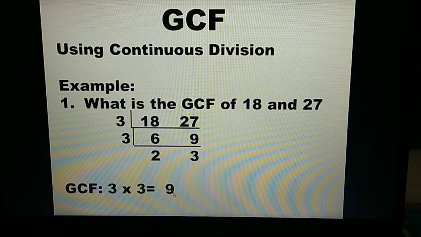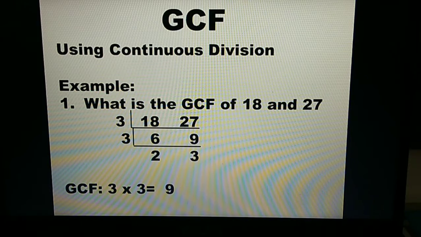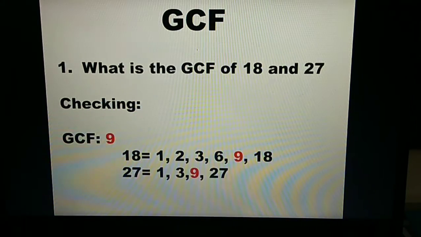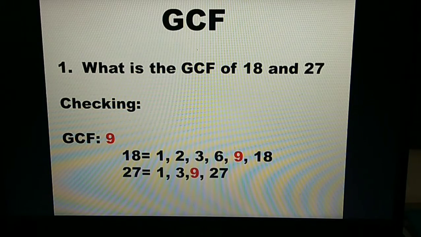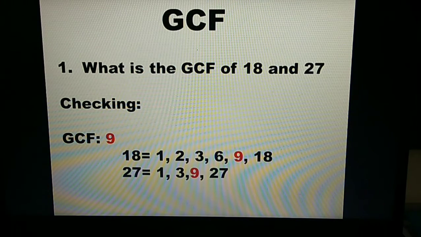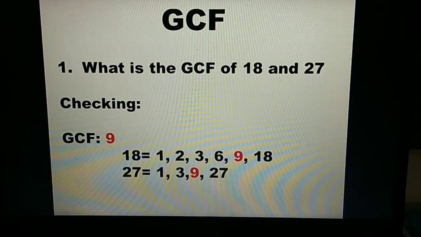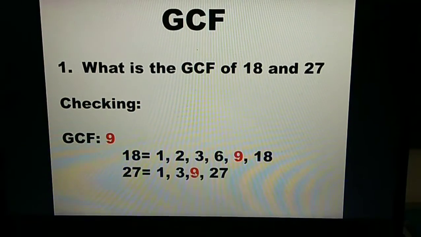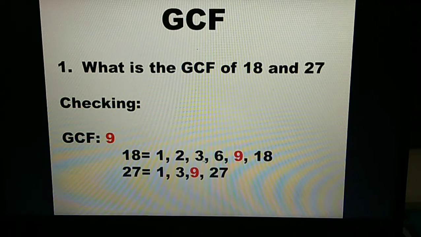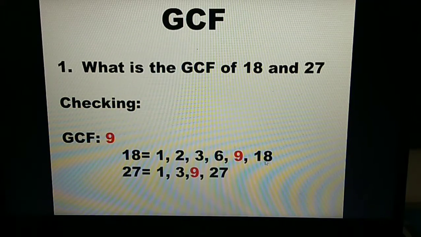Now, let me show you how to check if the answer is really correct. Okay. So, to do the checking, if 9 is really the GCF of 18 and 27, we are going to list all the factors of 18 and all the factors of 27. The factors of 18, we have here 1, 2, 3, 6, 9, and 18.